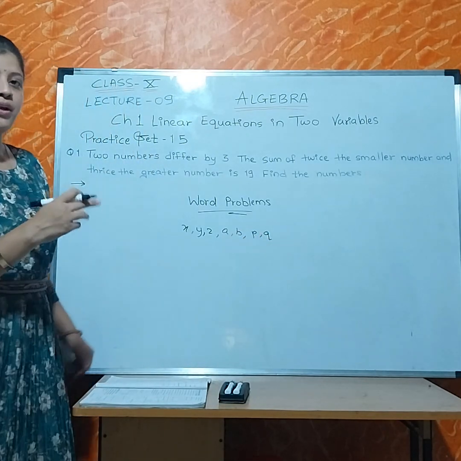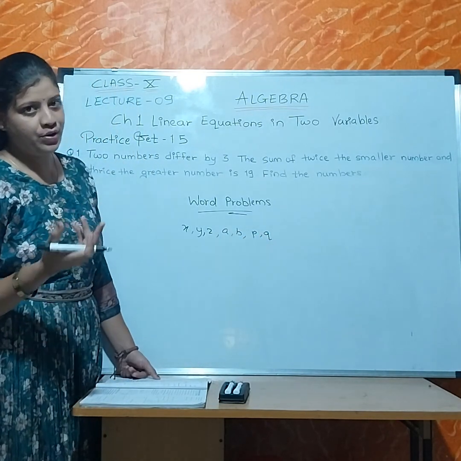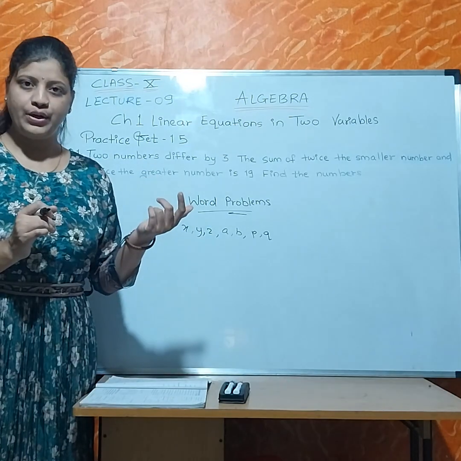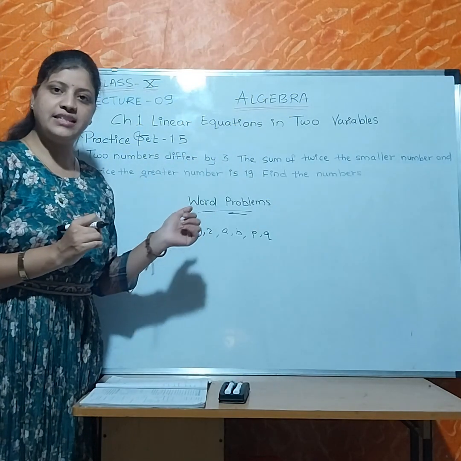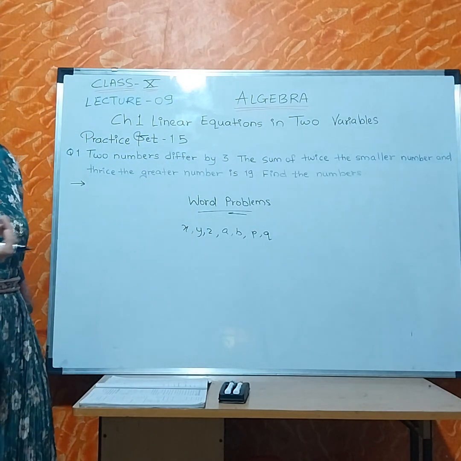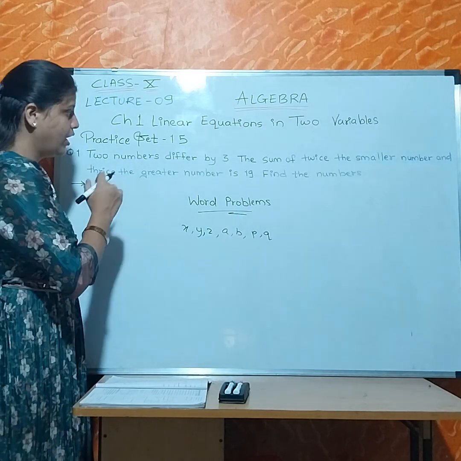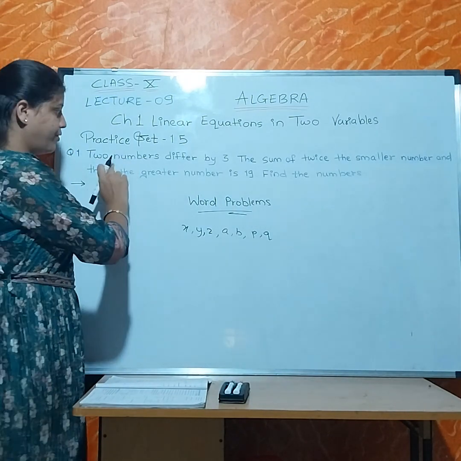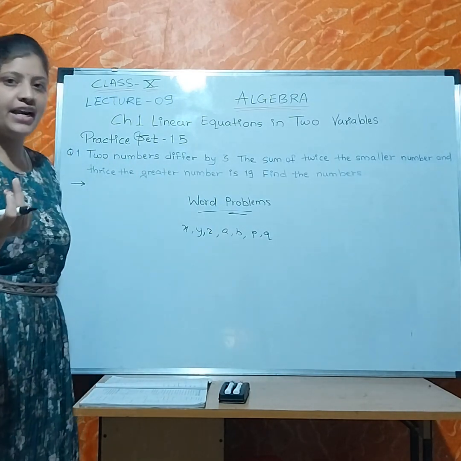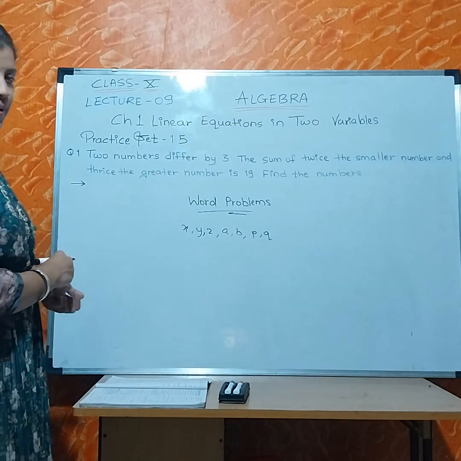We can assume it by any variable of your own choice. You have to concentrate on each phrase in a sentence, and then you will get the correct answer. Now we will solve this first example, then you will get the idea about how to solve word problems.